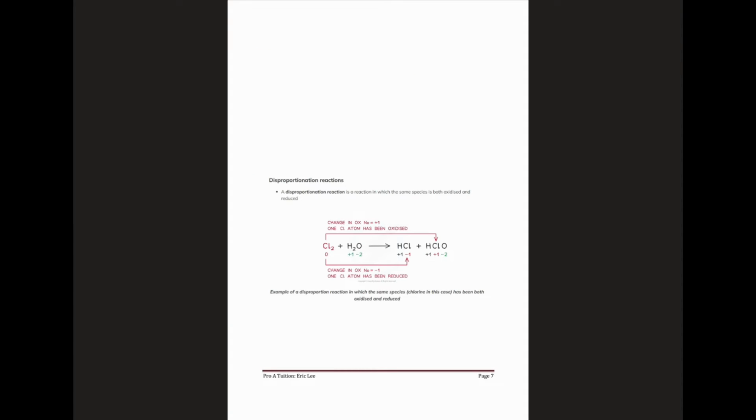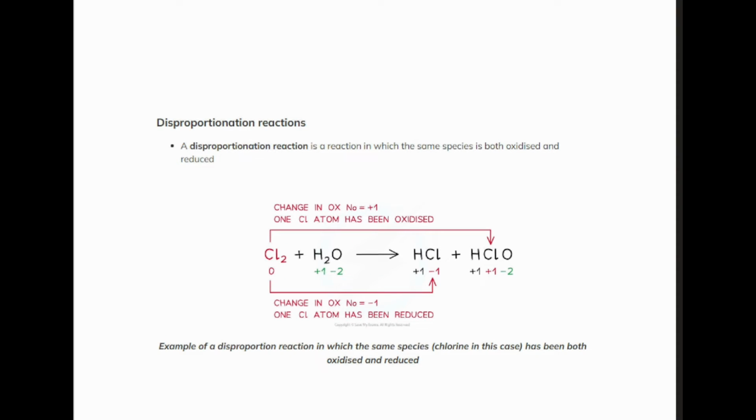Now on this page, we have to go through disproportionation reactions. A disproportionation reaction is a little bit different from redox. You see the definition here. A disproportionation reaction is a reaction in which the same species, and this word is extremely important, the same species, that means the same chemical, is both oxidized and reduced.